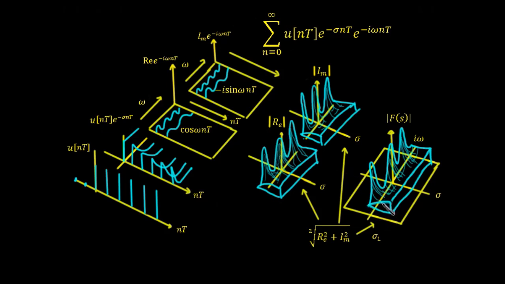So this is the point here, is that this function here we get out, we get poles, but the poles go on for infinity in both directions in the I omega axis. So the discrete time Laplace transform is just like the Laplace transform, but it's periodic in the I omega axis.